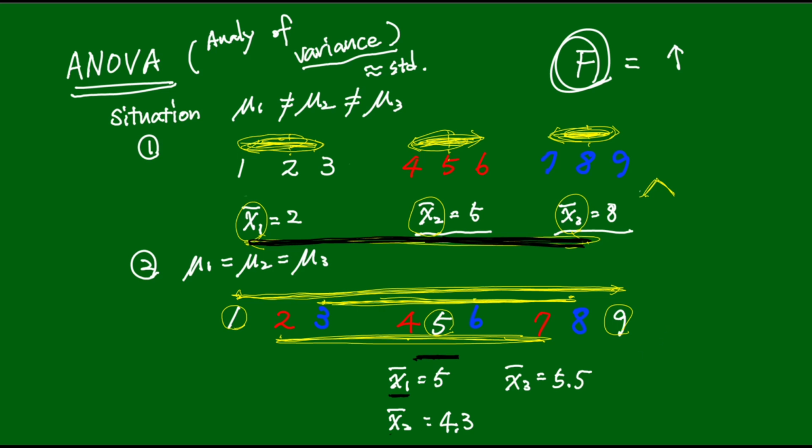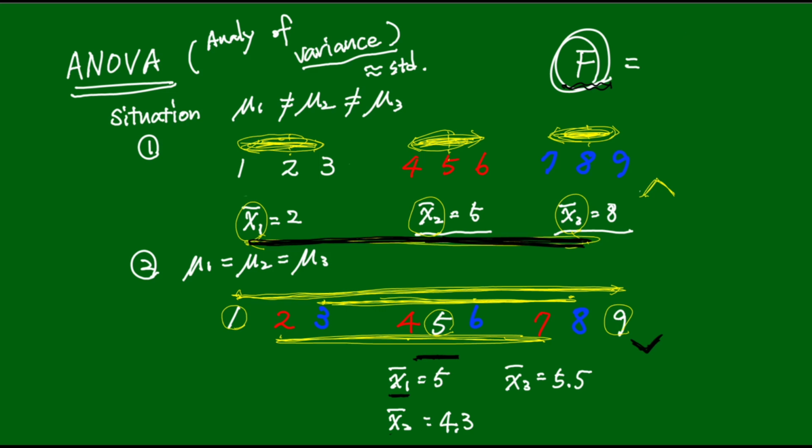So we have a much larger yellow bar here, right? We have different situations in 1 and 2, and we are comparing the length of the yellow bar and the black bar. In situation 1, we have a larger black bar, and in situation 2, we have a larger yellow bar. And the F statistic uses the ratio of these yellow and black bars.